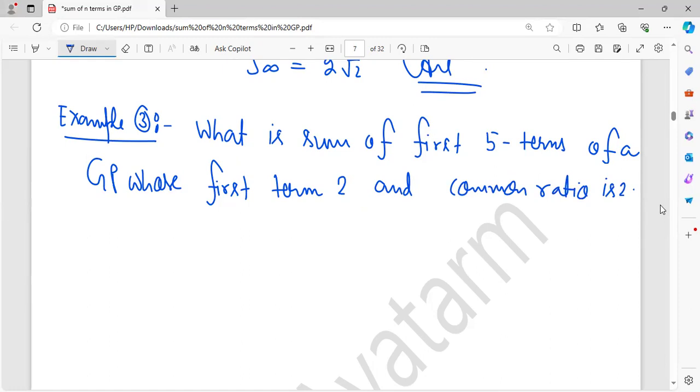Okay. What is the solution? So we have to find the sum of the first 5 terms whose first term is 2 and common ratio is also 2. What is S5?